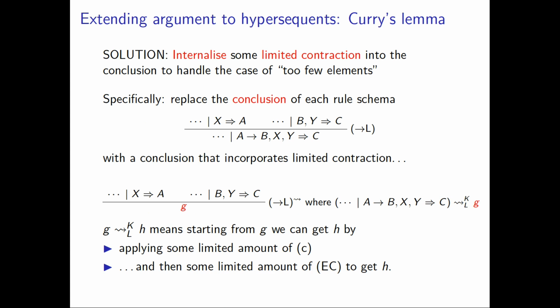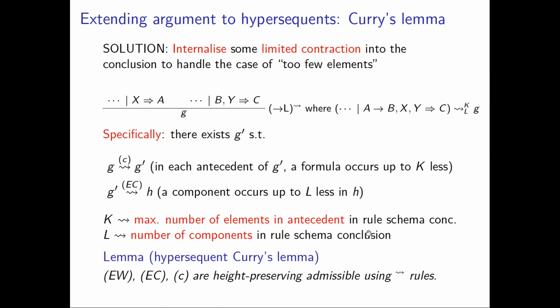And the solution, which generalizes the sequent proof of Curry's lemma, is to internalize some limited contraction into the conclusion to handle this case. Specifically, if you take this hypersequent rule, take as an example the implication left rule, this is the standard conclusion here. And we replace that with a hypersequent H, which can be obtained from the standard conclusion G by applying some limited amount of internal contraction followed by some limited amount of external contraction.